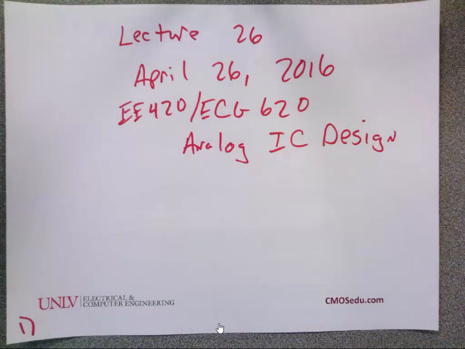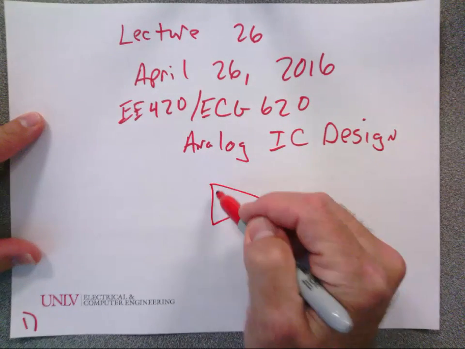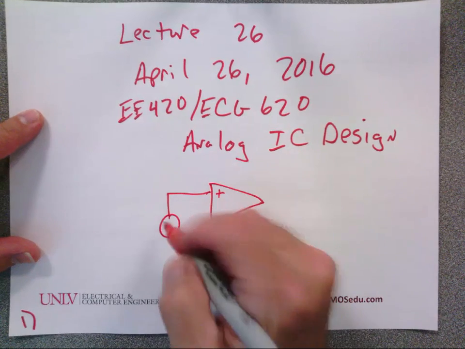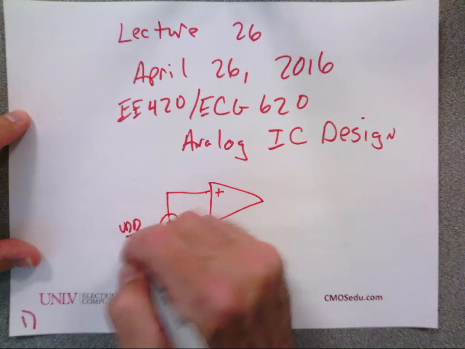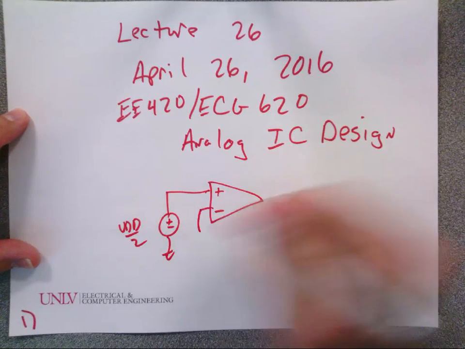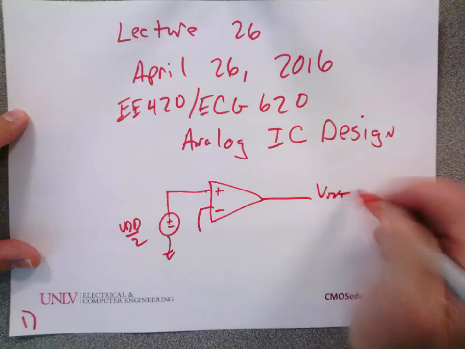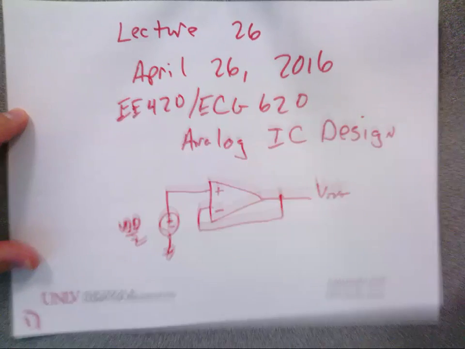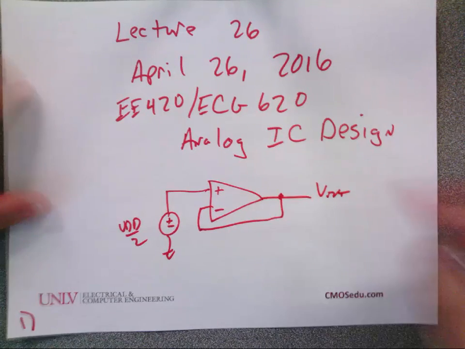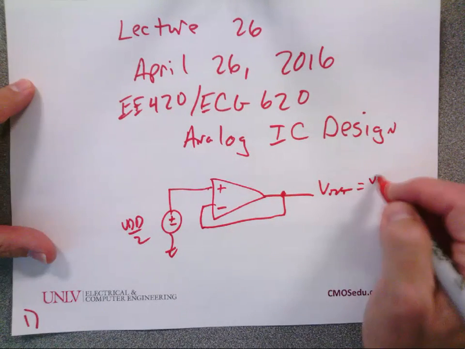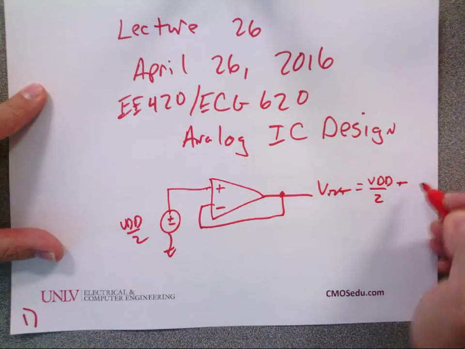I went over this last time. No, you put the op amp in this configuration. Say VDD over 2, whatever. And then this V out is equal to VDD over 2 plus VOS.